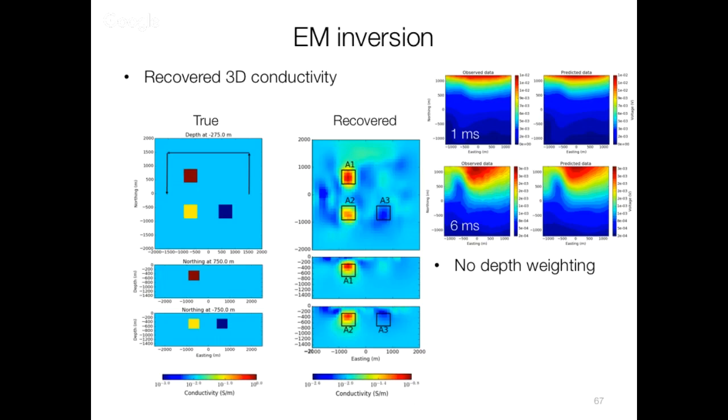There's intrinsic resolution here by having different time channels. So that's telling us different things at different times. That, I think, is really interesting. If we look at what we get out of this, we've actually got arguably a better conductivity model than we had before.